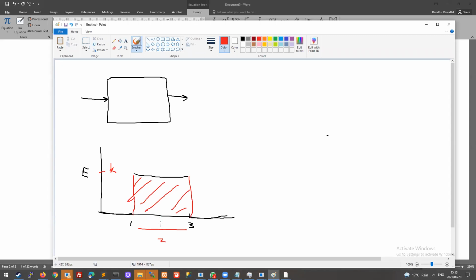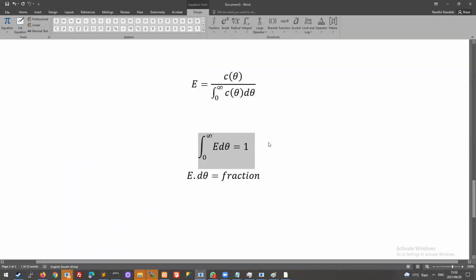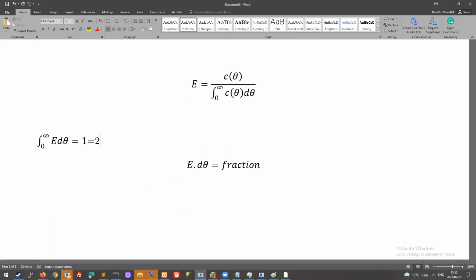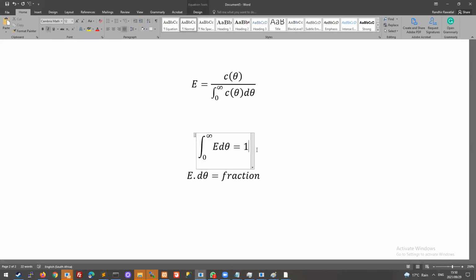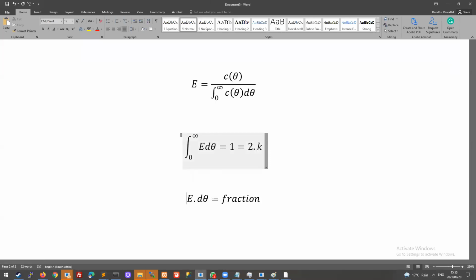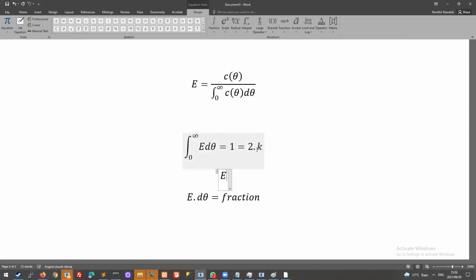So the area is 2 times K. And so that means K is a half. So your function E of theta, E equals, and I wonder if I can do those little curly things.